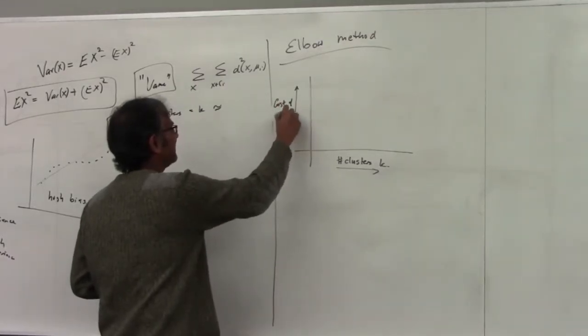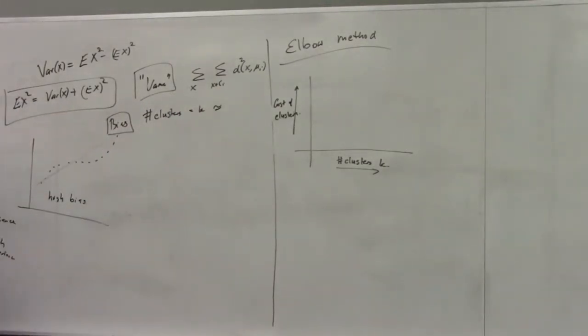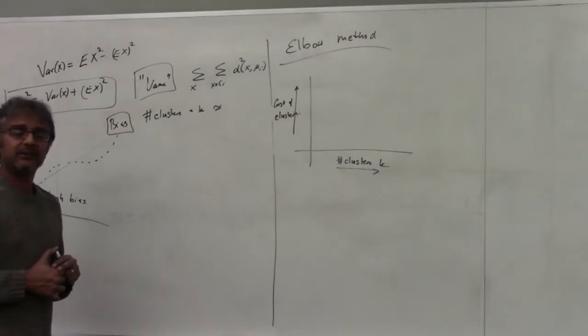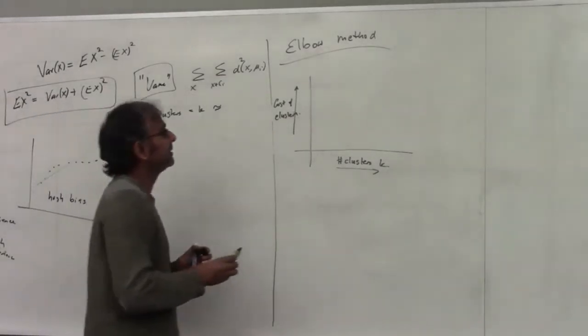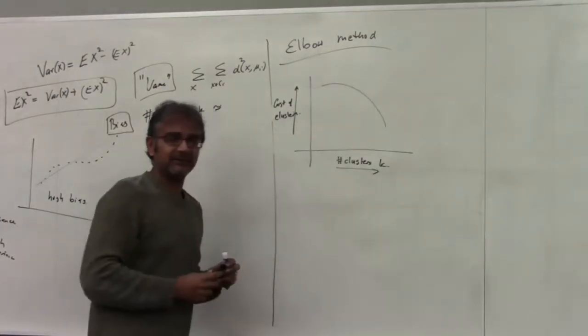For k-means, it's the average sum of squared distances. So if you start plotting this and you increase k, what is this curve going to look like? Cost decreases, right? So might it decrease like this?